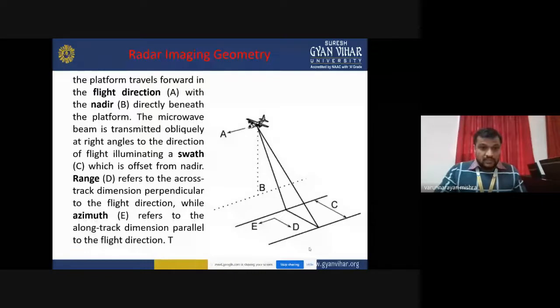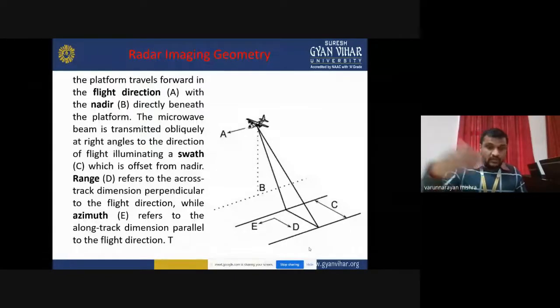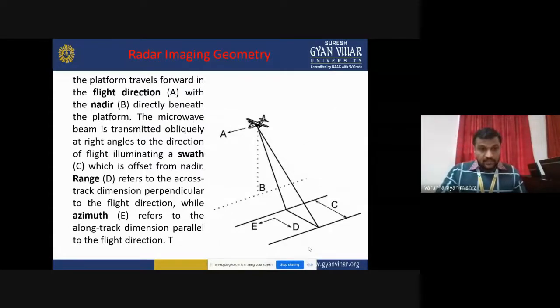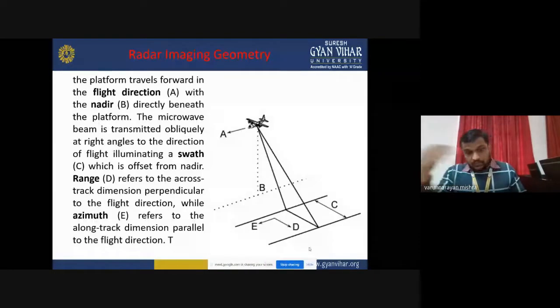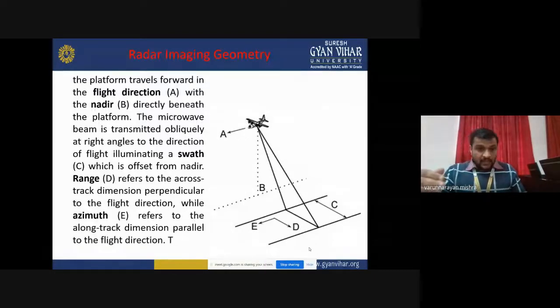Then there is the swath, described by C, which is the area illuminated on the earth surface, and the range D refers to the cross track dimension that is perpendicular to the flight direction A, and azimuth refers to the along track dimension that is parallel to the flight direction.